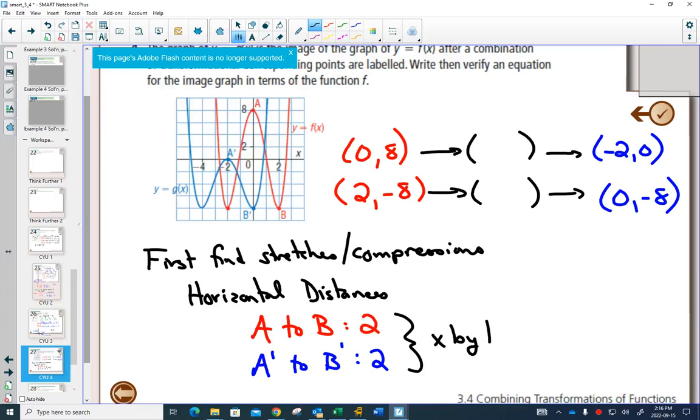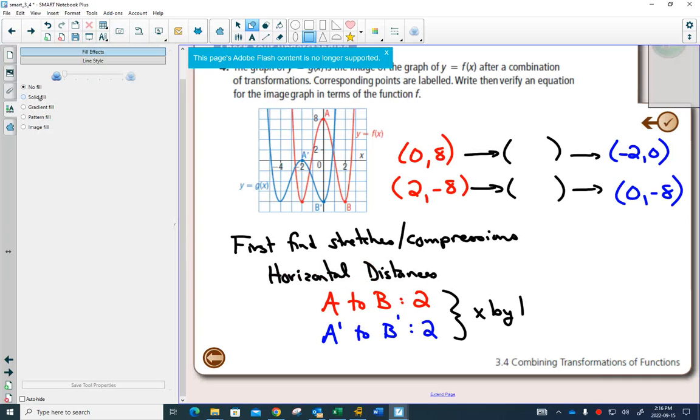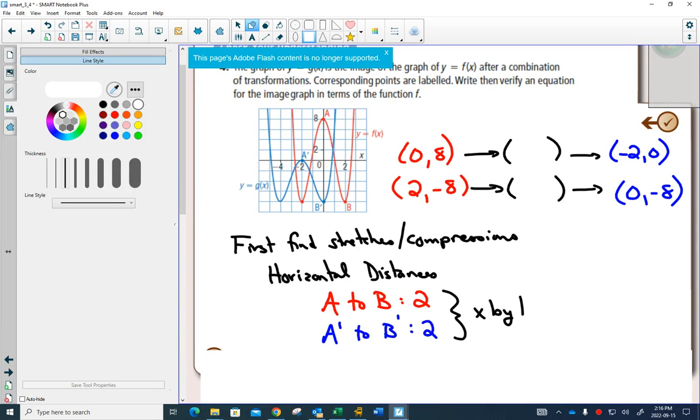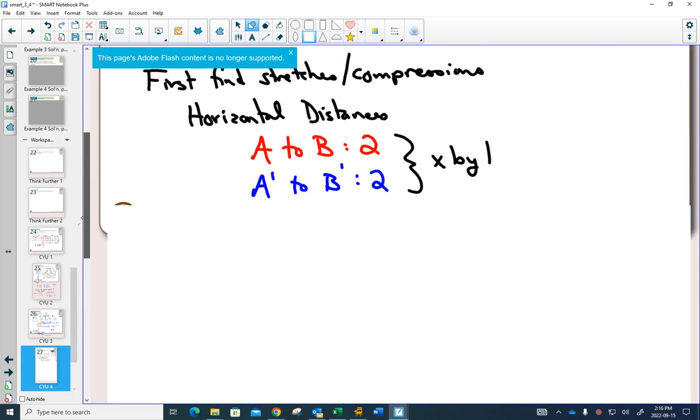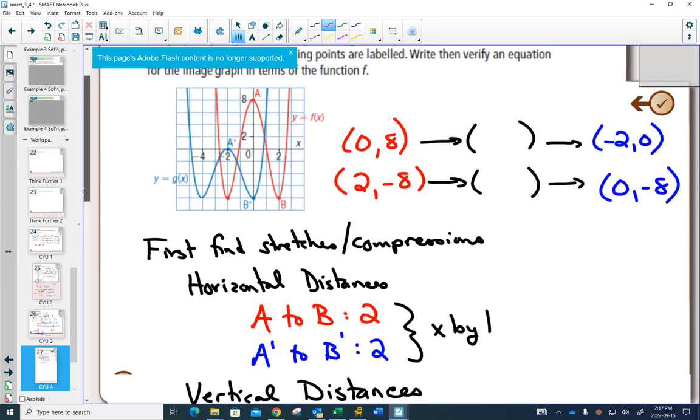But when I go to the vertical distances, when we look at A to B vertically, A is up here, B is down here.